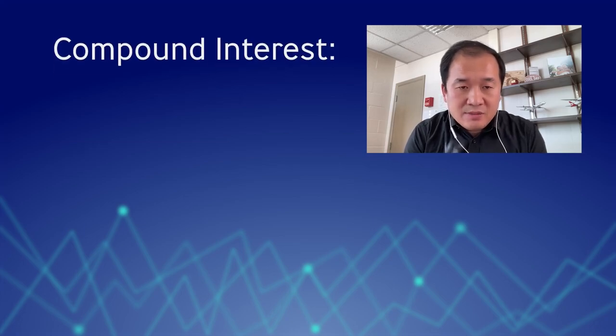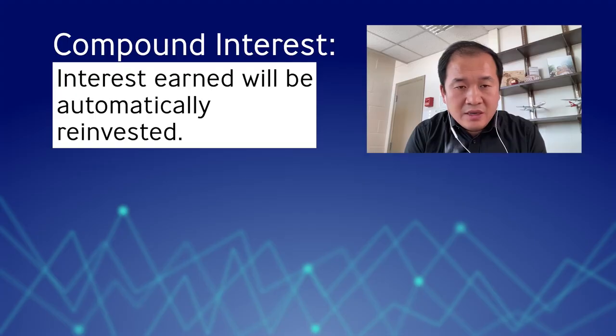And normally in real life, we have compound interest. Most investment and also some of the loan products we're thinking of have their interest calculated in the compound approach. Compound means that interest earned will be automatically reinvested.